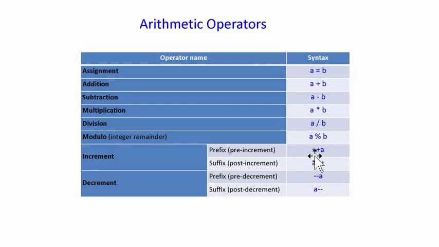And you can put plus plus A or A plus plus, and what it means is that it depends on when you're going to increment A. So if you do plus plus A, it will increment prior to the assignment, whereas if you do A plus plus, it'll increment after the assignment. Okay, and it's a really subtle difference, but it just shows you that you can either make the assignment then increment, or you can increment your variable then make the assignment. Okay, same thing with decrement. Okay, so that's pretty neat.